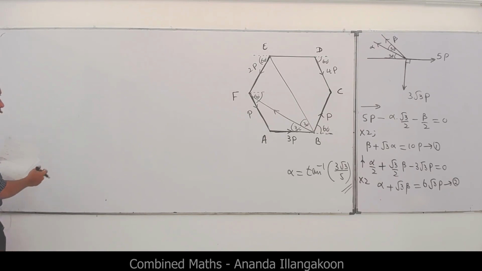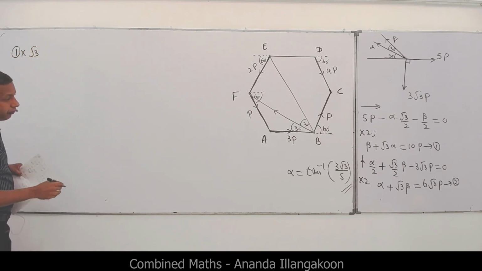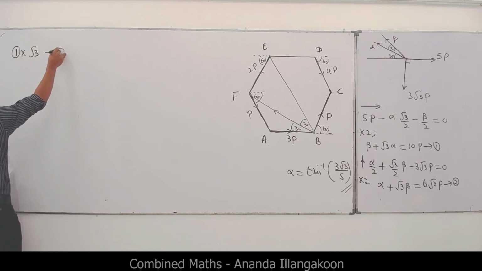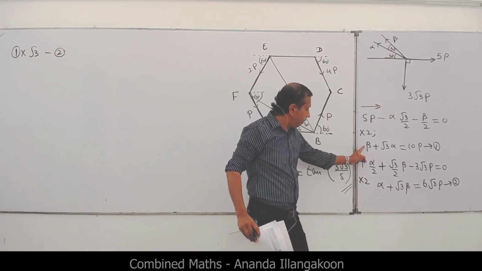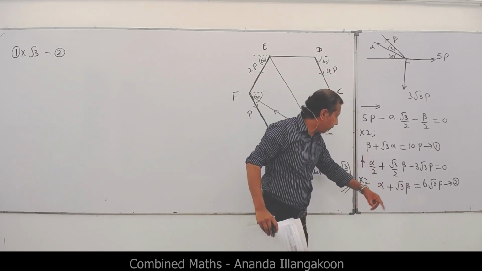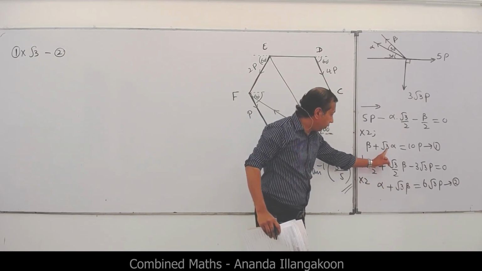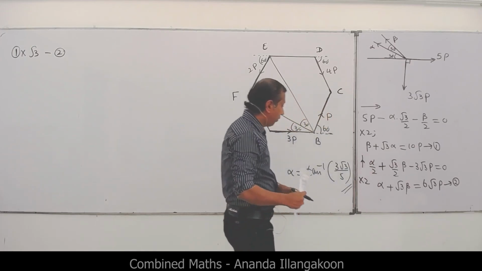Then we can take it like this. We multiply the first equation by root 3 and subtract the second equation. Then what do you get here? Root 3 beta minus root 3 beta we can cancel down. When you multiply this by root 3, 3 alpha minus alpha is 2 alpha.